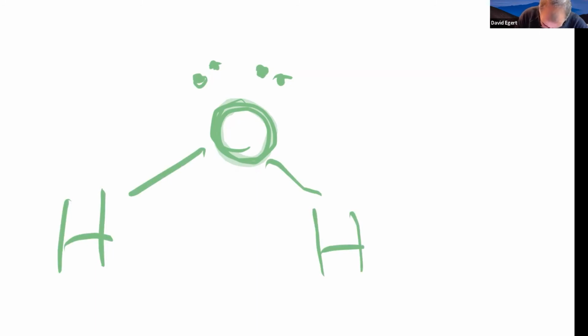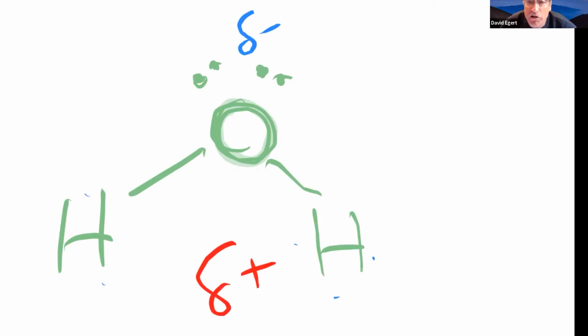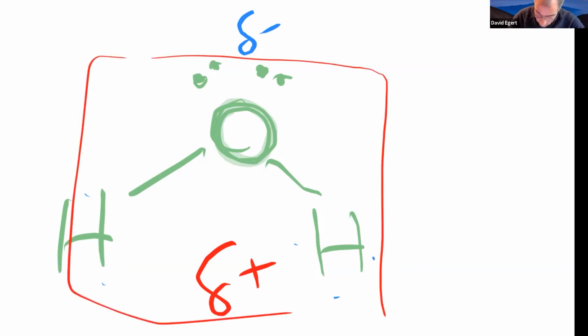And the side that has more electrons on it is going to have more overall negative charge density, because electrons are negative. The sides where there's fewer electrons and more protons are going to have more of a positive charge density. If we look at a water molecule, we call this a dipole.